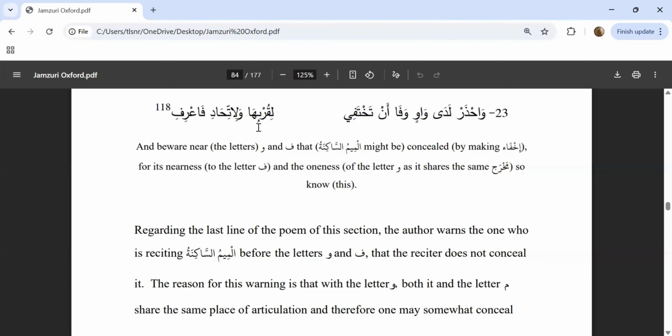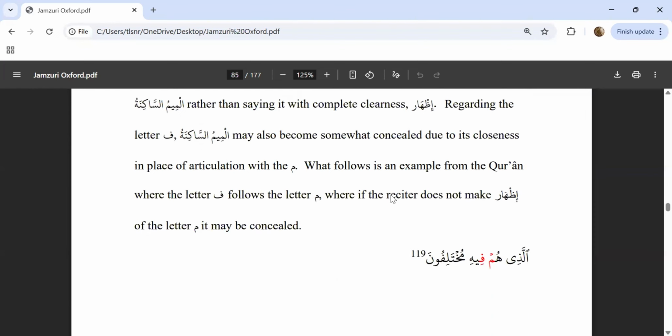So he says, be careful for its nearness to the letter fa, and the oneness of the letter waw, because the letter waw and the mim share the same makhraj, so that you don't conceal it. So he says, ta'rifi. And again, you'll want to stretch the ending here to match the ending of takhtafi, ta'rifi. So line 23 is just that cautionary advice that he is giving the reader.